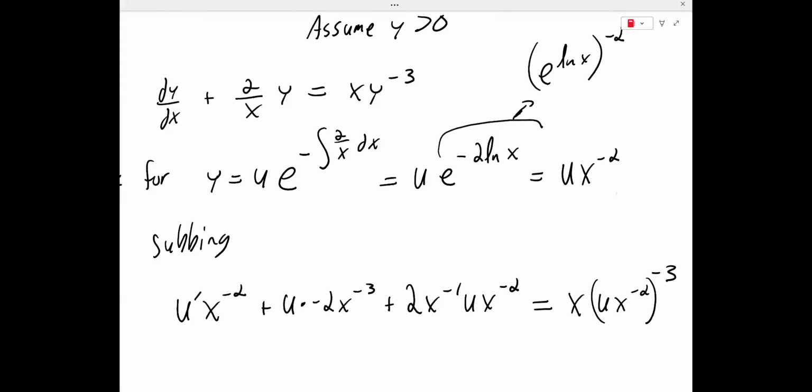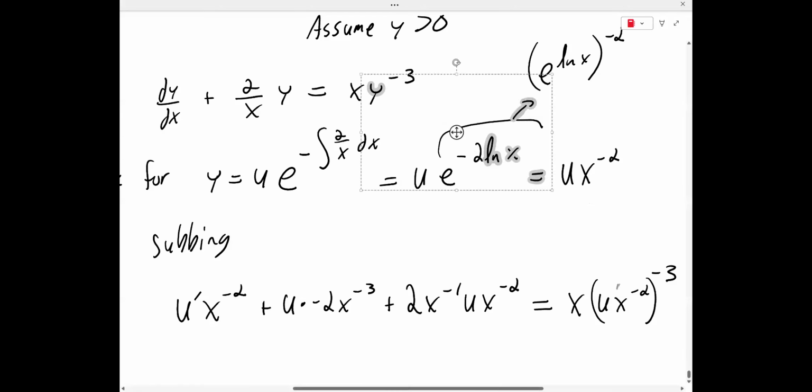Okay, anything there so far? Did I do that right? So I was looking at this here. I wrote x y to the negative third here. And so I have x times then the y, right? The y is this. And so I put that here. Okay, so anything there so far in that?